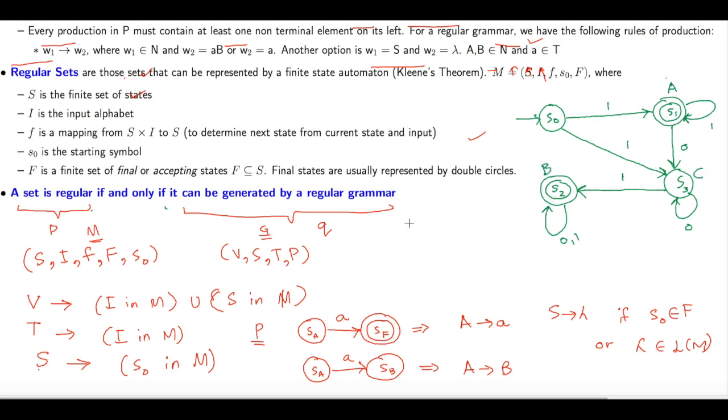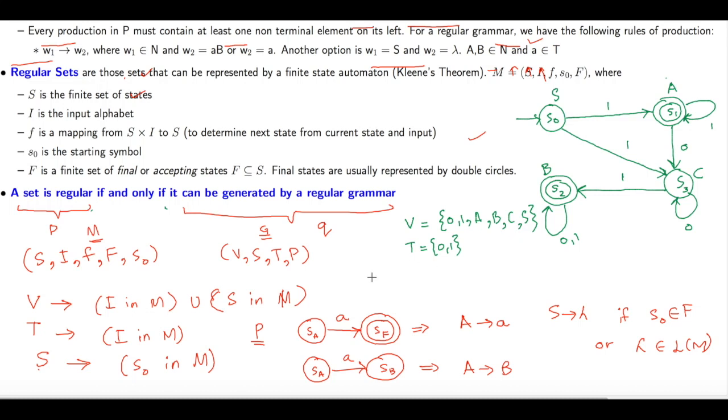Then V is equal to the set of inputs, 0 and 1, then A, B, C, and of course S for the starting state. Terminal symbols are 0 and 1, and non-terminal symbols are A, B, C, and S.